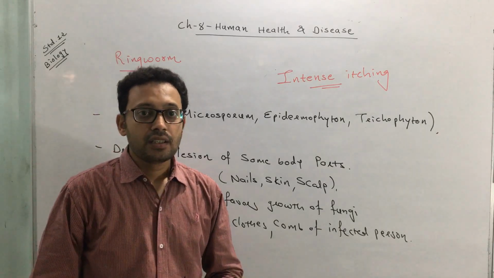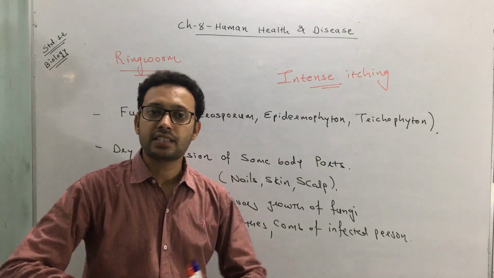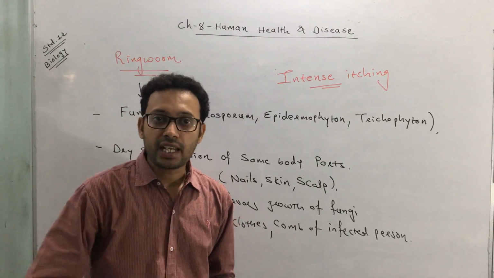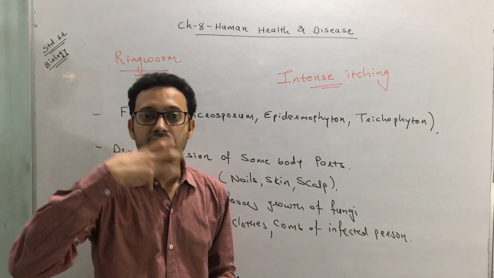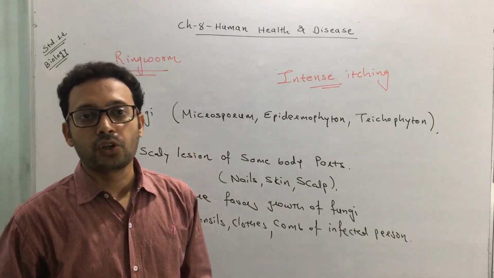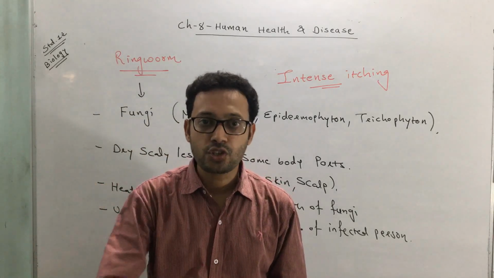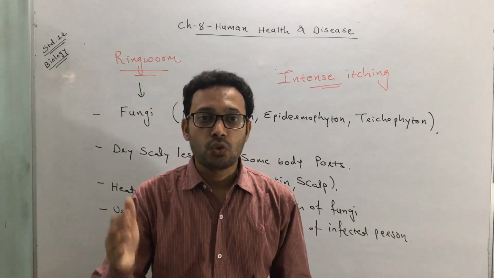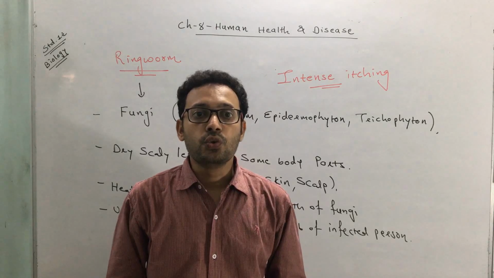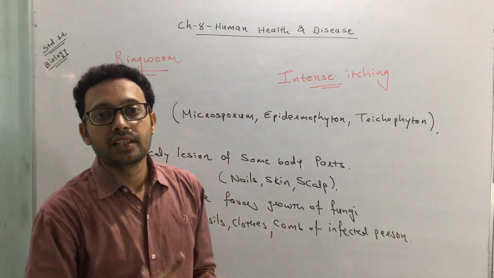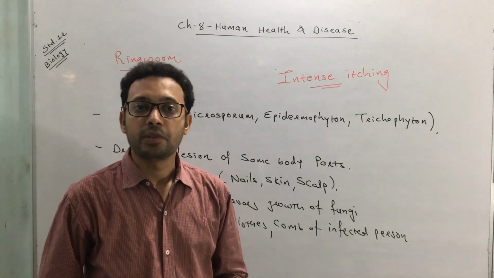But before these microbes enter our body, once they enter, then our immunity works. Before they enter, we have to take certain steps so that they don't enter our body. That's why we always say that prevention is better than cure. So what are the preventive steps that can be taken so that this disease does not occur in a human being or does not spread to another human being?